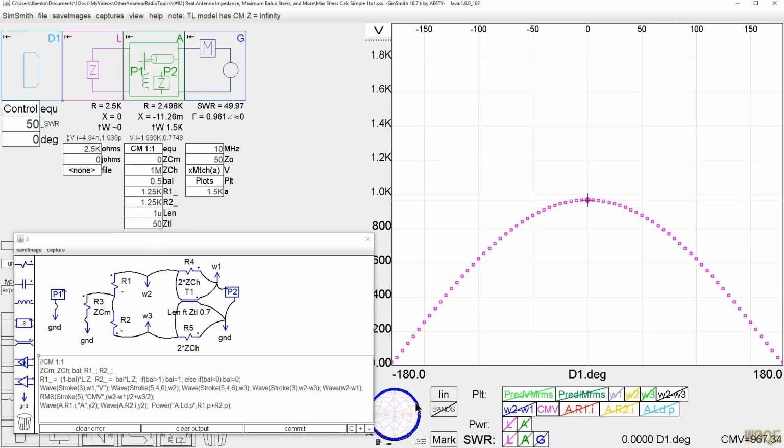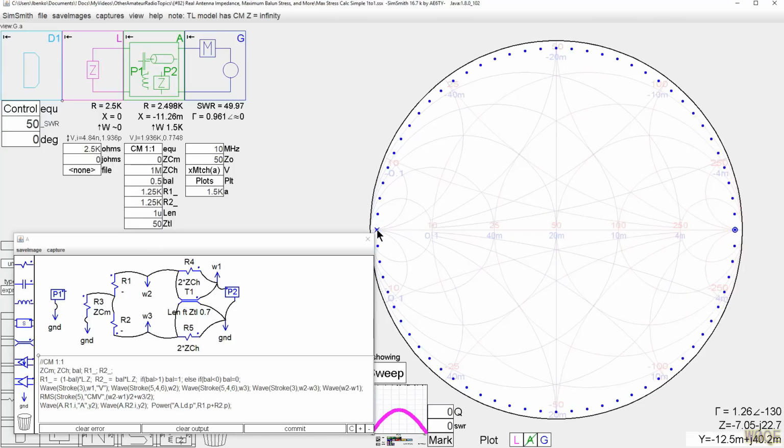If we were to provide a load that had this impedance, a 50-to-1 SWR again down here, right there it is. Now let's go over here.